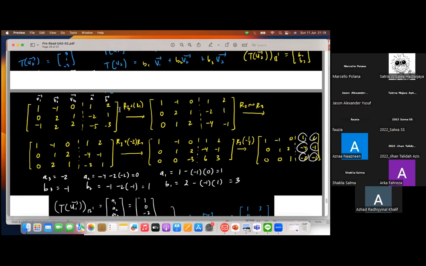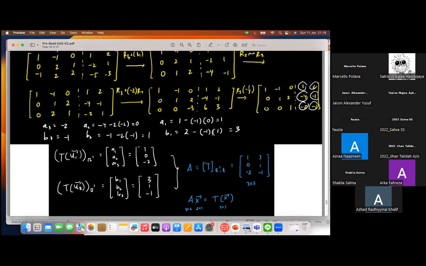And now we have this. This is the final result of A1, A2, and A3. And as you can see here, the Gauss-Jordan operation is not complete.